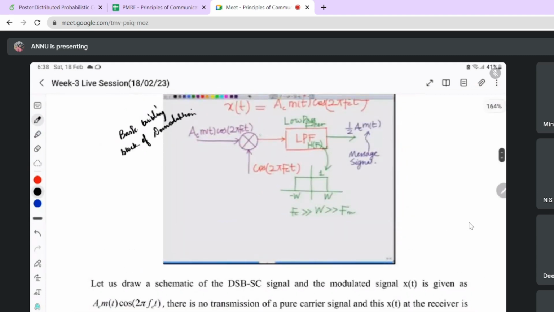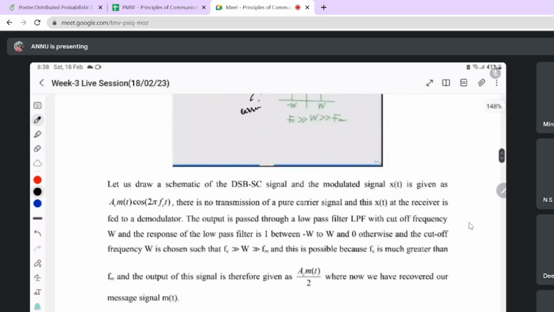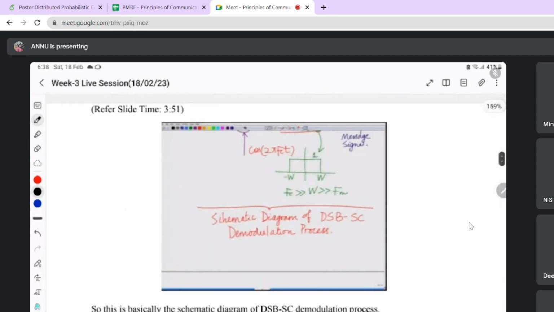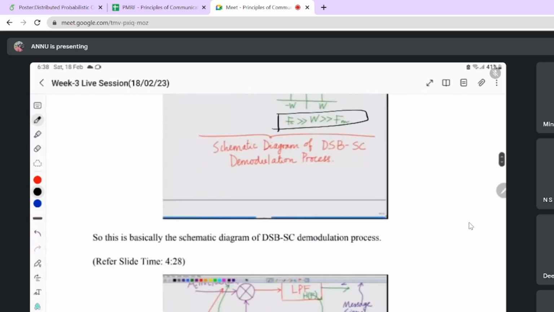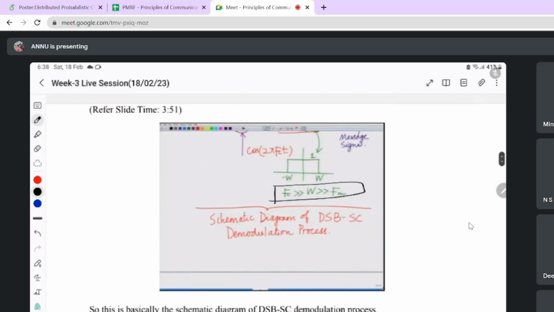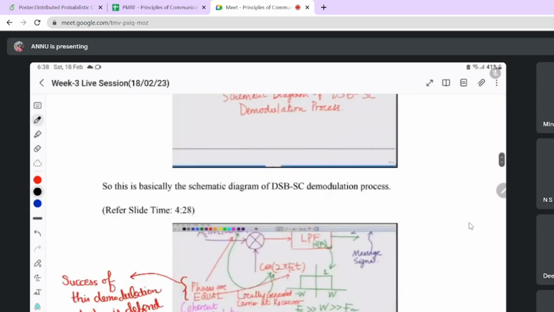You are getting a modulated signal, which is multiplied by a carrier. So how will you get the value of f? We saw this systematic diagram of the demodulation process. Here you have to remember this particular thing.